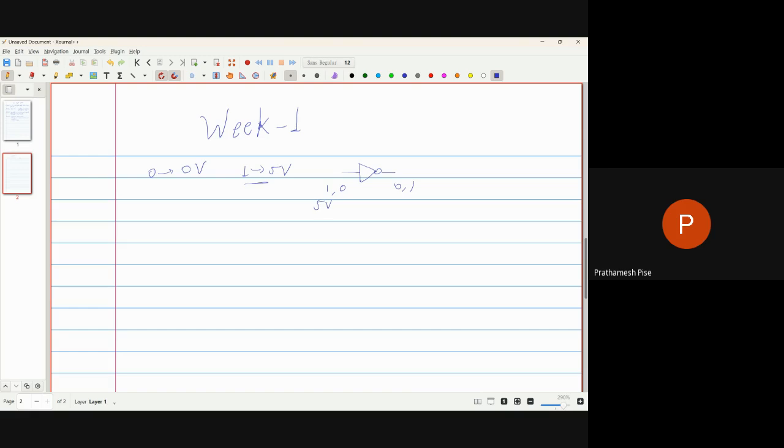If we are giving 5 volt as input to this logic gate, the output should be 0 volts. And if we give 0 volt as input, the output should be 5 volts. If we want to represent this in a graphical way, we can do it.